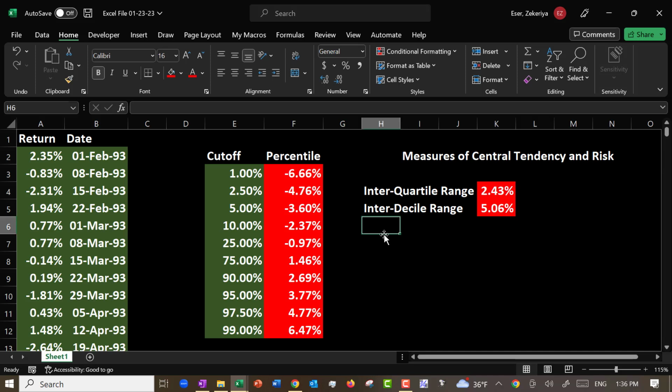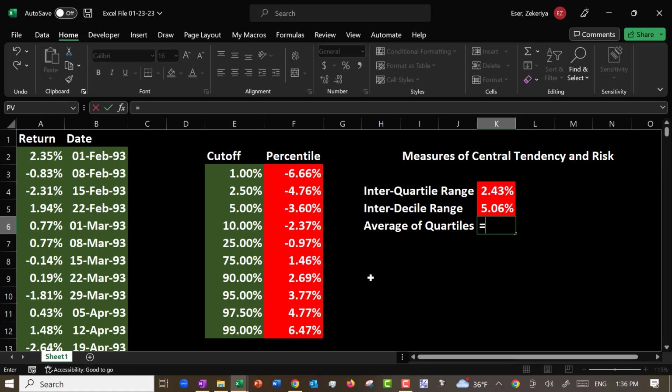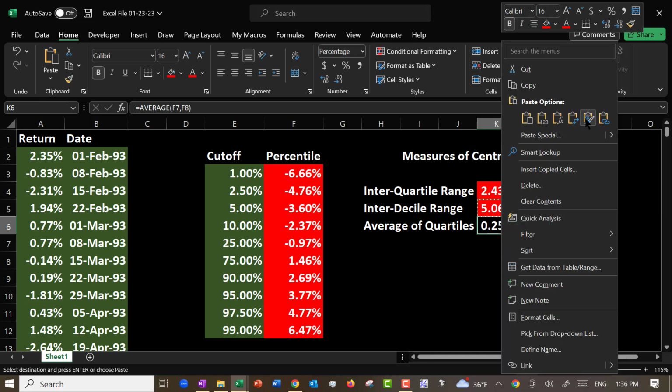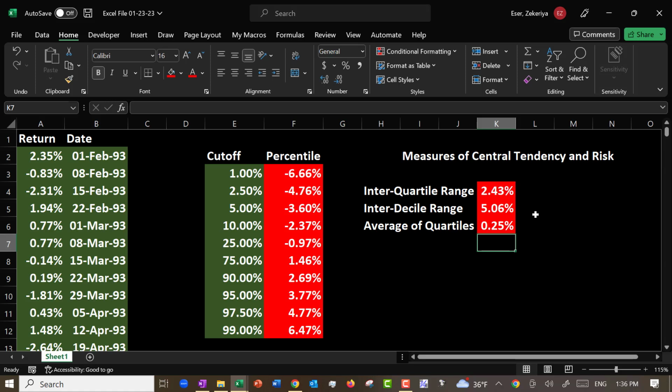Let's also calculate average of quartiles as a kind of robust measure of location or central tendency. Average of the 25th and the 75th. Okay.